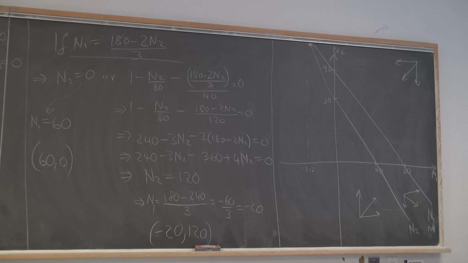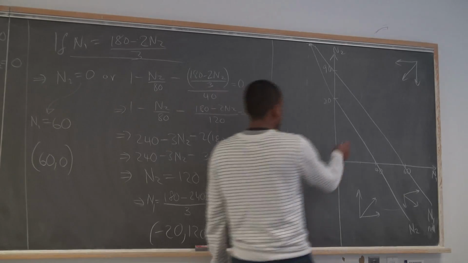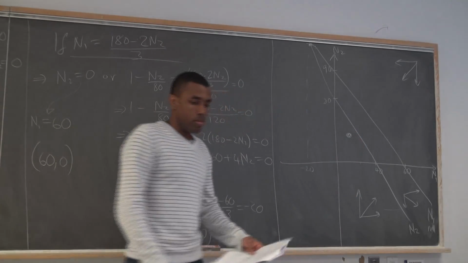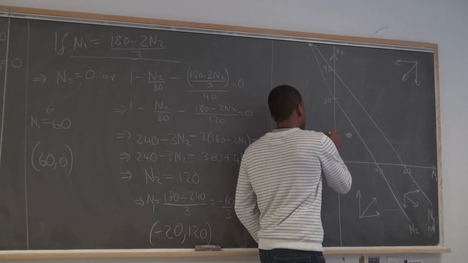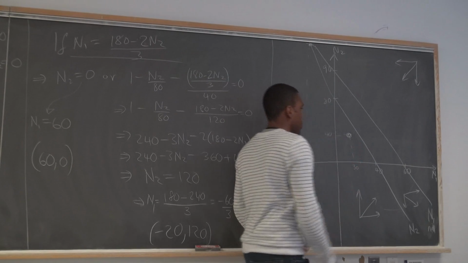N1, if I plug in 30 here, and I plug in 40 here, do I get a positive or a negative? 1 minus a half, which is a half, minus 3/4 gives you negative, so you should be on the negative side of this line. You should be over here. So that's going to be 40, that's going to be 30.